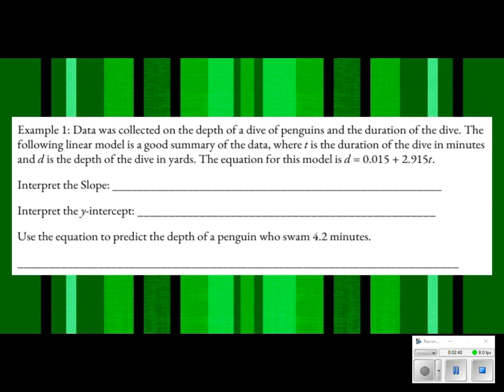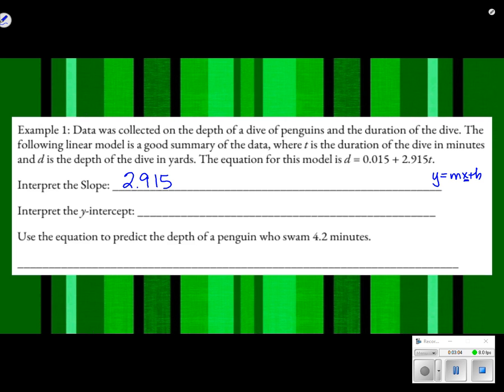So what we have to do is not only state what the slope and the y-intercept are, but give meaning to it. But for the first part, we are going to state what it is. So the slope is 2.915. Why is that the slope? Well, that's what is in front of the variable. Remember, it's y equals mx plus b. M is the slope.